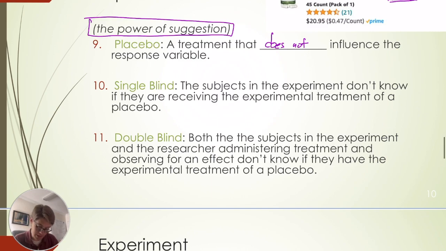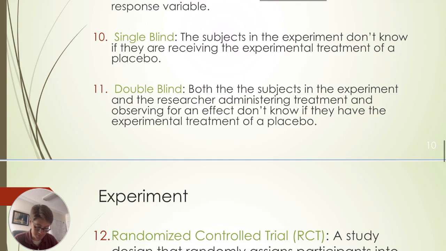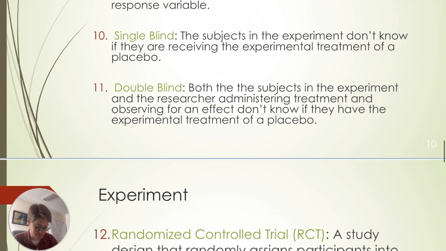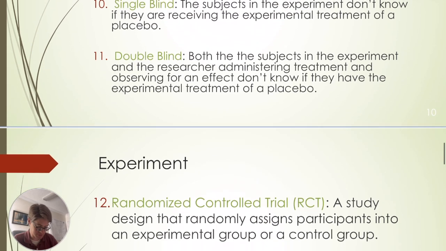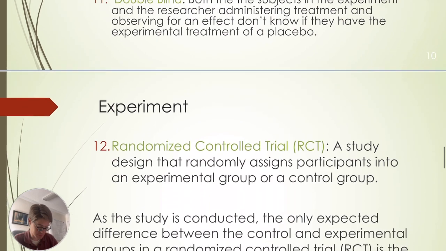So that is a double-blind experiment. So somebody knows, but it's not the people observing, and it's not the people administering the treatment, and it's not the subjects. Okay, so there's some important terminology.